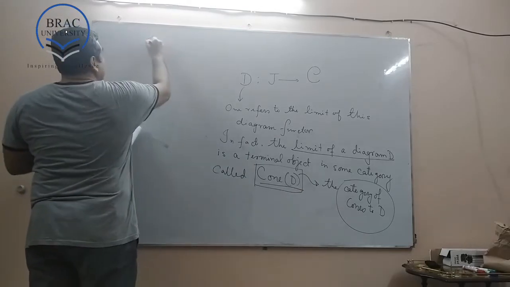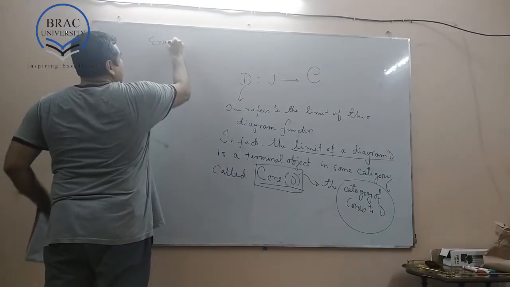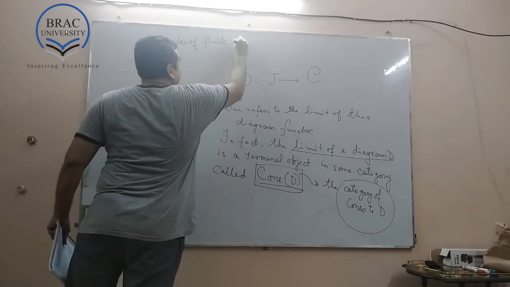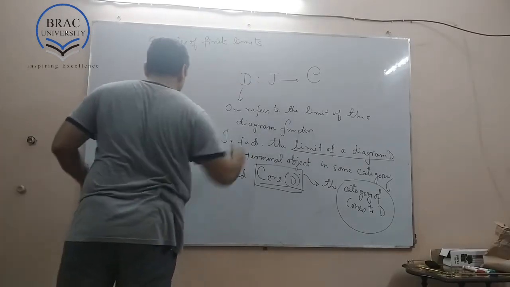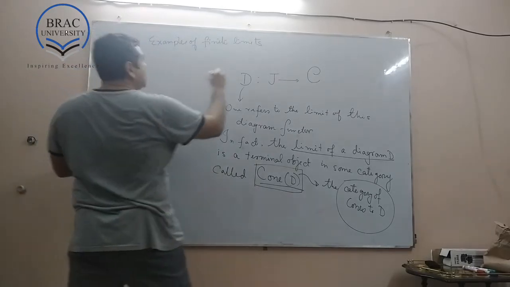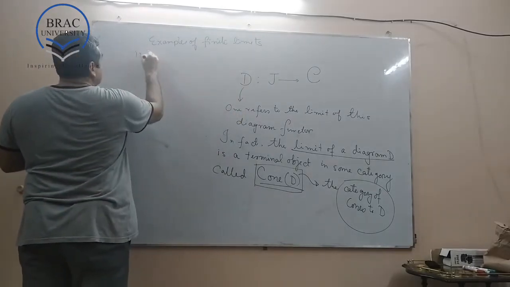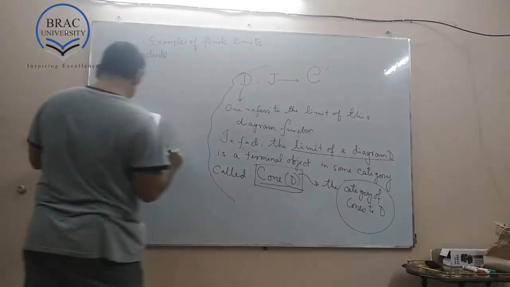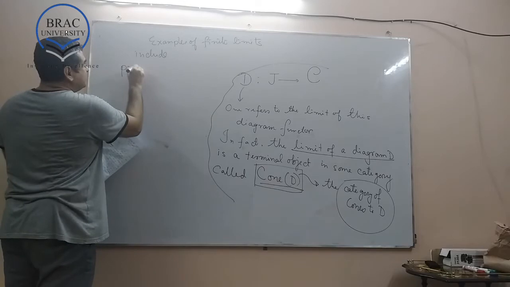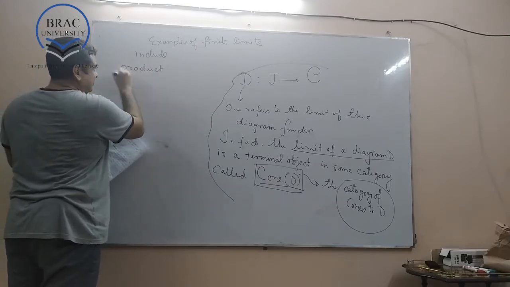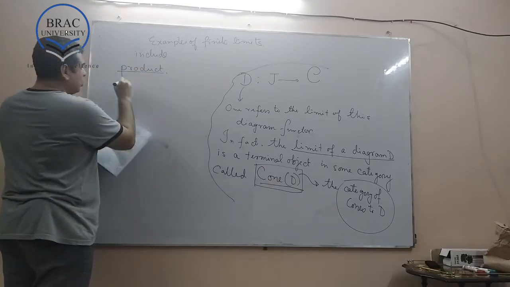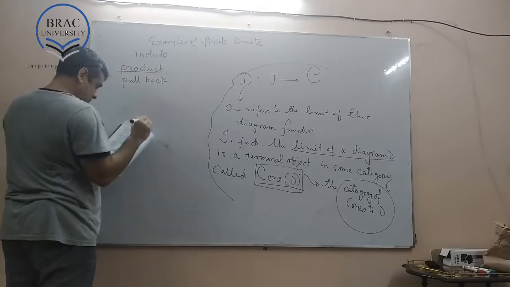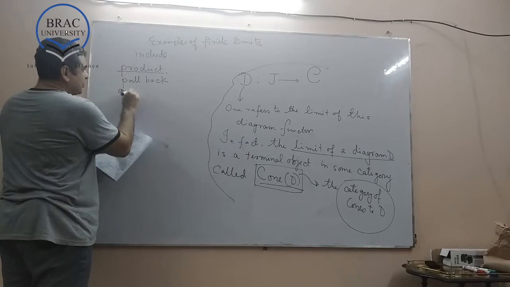Examples of finite limits include product, pullback, and equalizer.